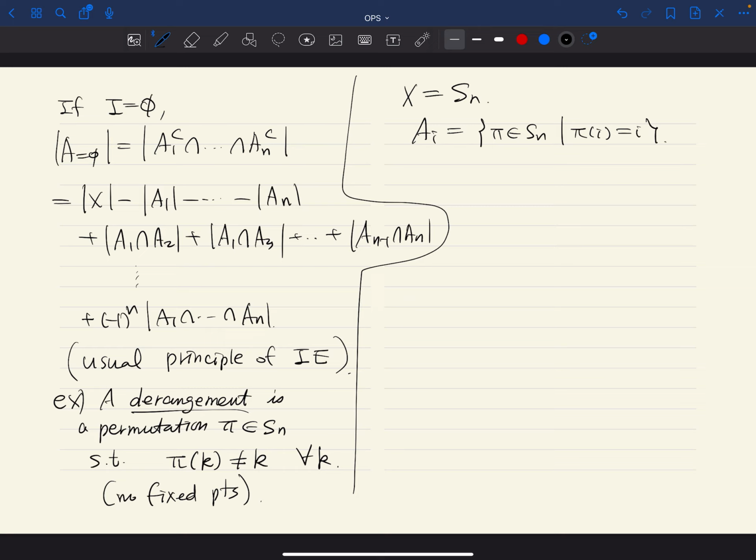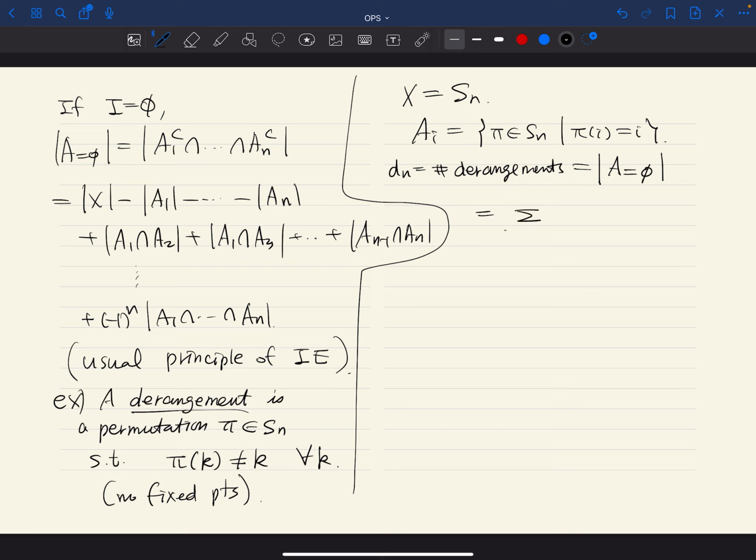Then the derangement count, let's say Dn is the number of derangements, is of course the set with no properties, exactly no property.